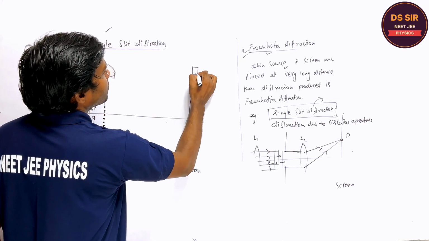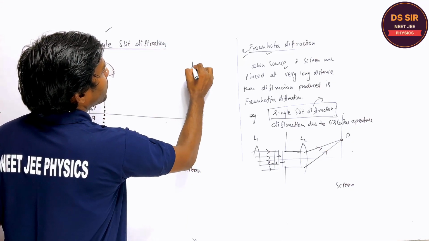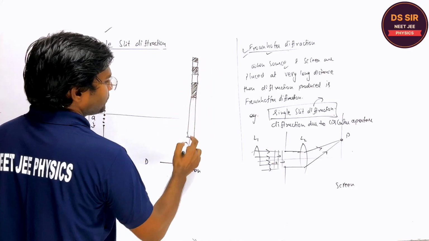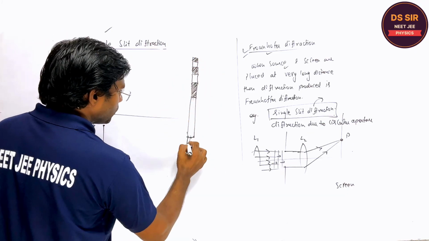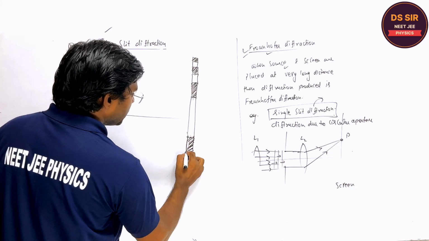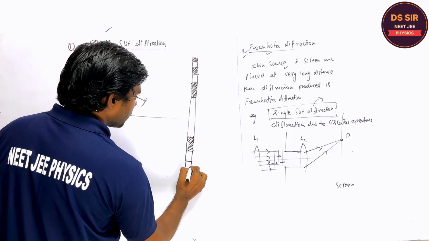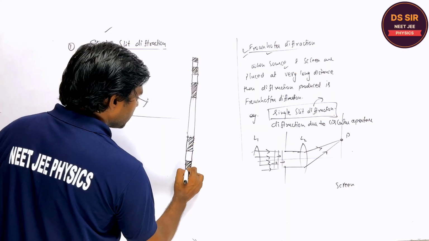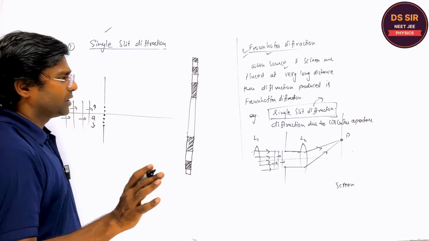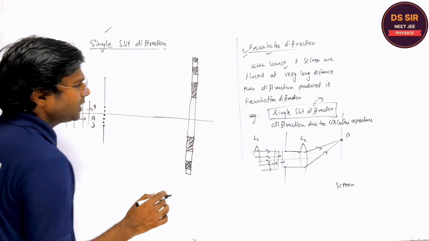Then again the minima, then again the maxima, minima like this. Are you getting or not? On this side also, this is the minima, right? Then the maxima, minima. Do you understand? Are you getting, Sanjay?